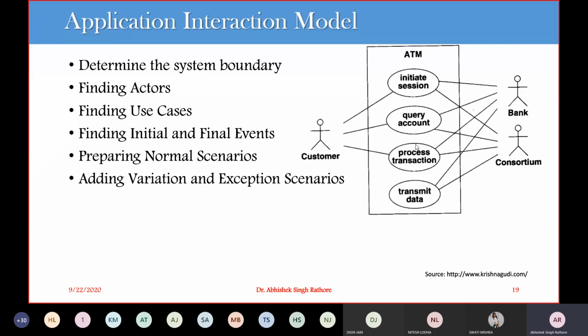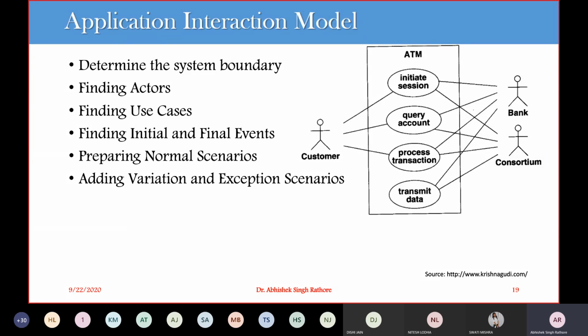Then we have process transaction. Your customer starts the process transaction, and your ATM system performs some action that can affect your account balance. A transaction always affects your account balance, for example by depositing or withdrawing an amount, or by transferring money from one account to another account.